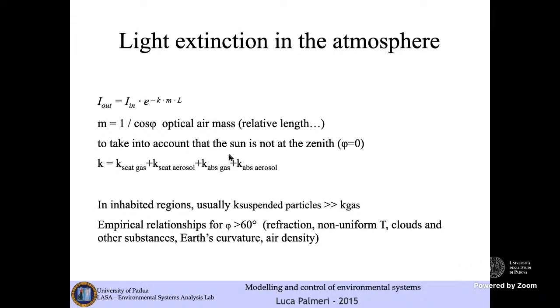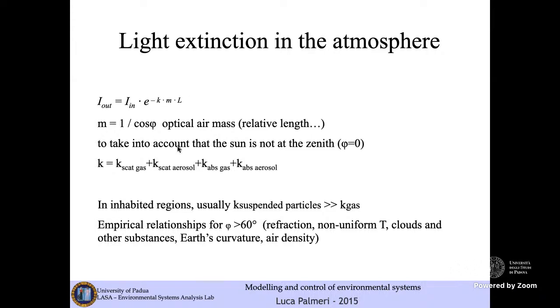We may rewrite the Lambert-Beer model this way. So we have the energy that exits from the system, and we are talking of the atmosphere here, but of course it is as well applicable for water bodies. I remind you that the difference is essentially in the way we evaluate the constant parameter k.